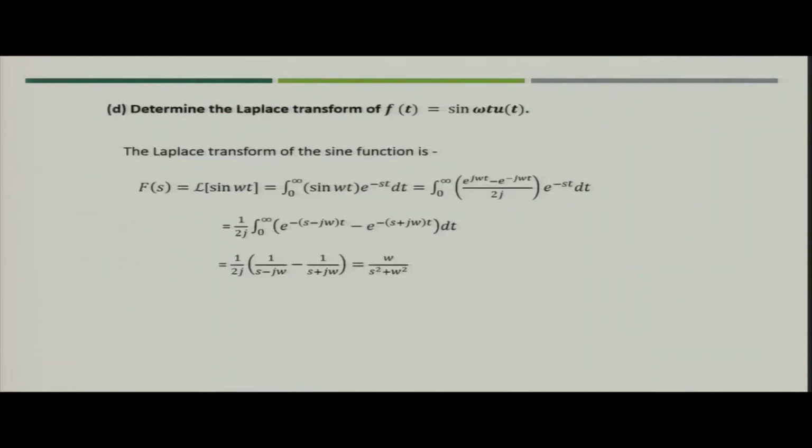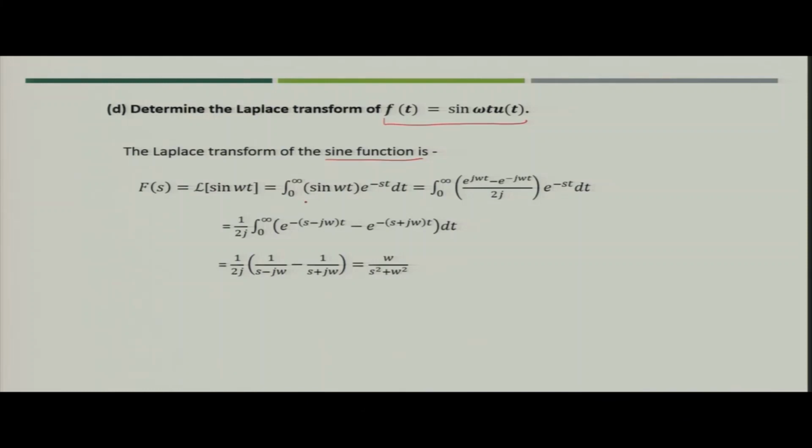Now, next let us see the function f t, that is sin omega t u t. The Laplace transform of the sine function can be given by integrating between 0 minus to infinity.